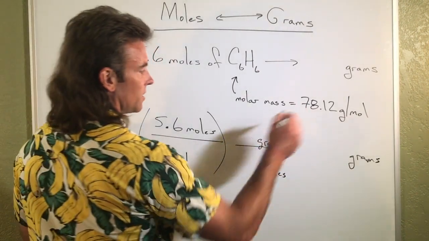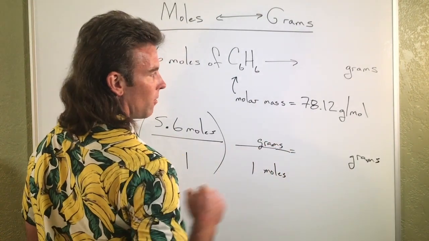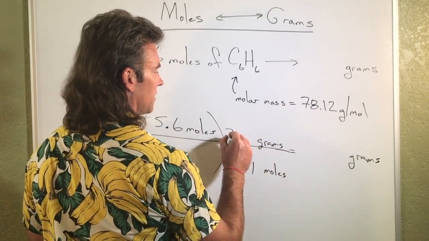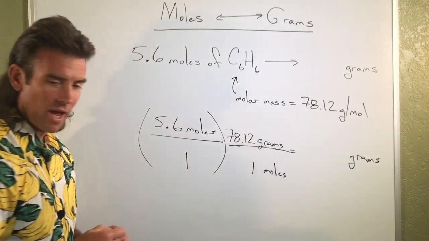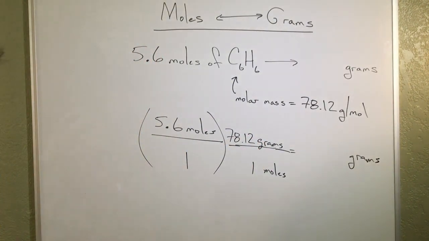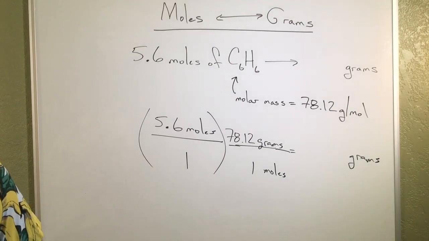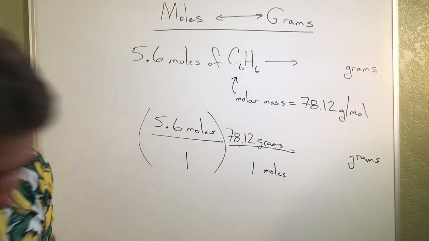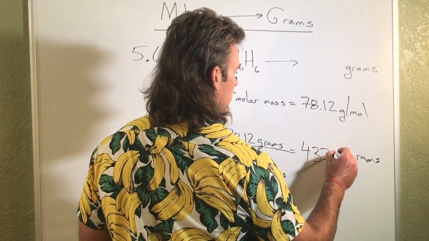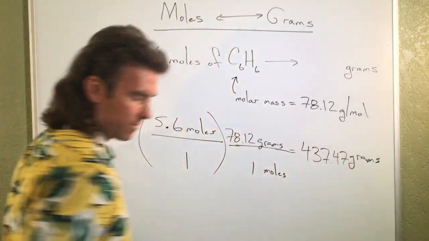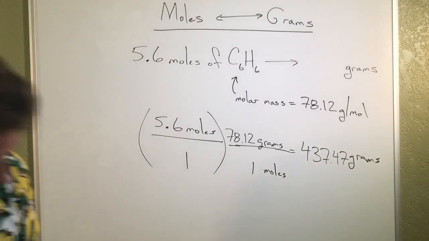Moles needs to cancel, so we're going to put moles down here, grams in the top. And then we'll take that 1 mole and plug in that 78.12 there. When I did that, I ended up with 437.47. I think, yes.